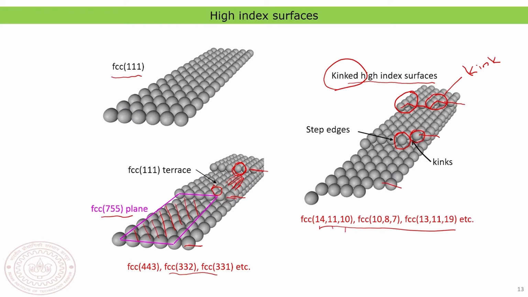These kinds of surfaces are also nowadays commercially available, so one can just purchase them and use them to understand the reactivity of different kinds of surfaces, where you can focus on the reactivity of molecules or catalysis on surface atoms, step edge atoms and kinked atoms and so on. So this is a step edge atom, this is a kink atom and so on.